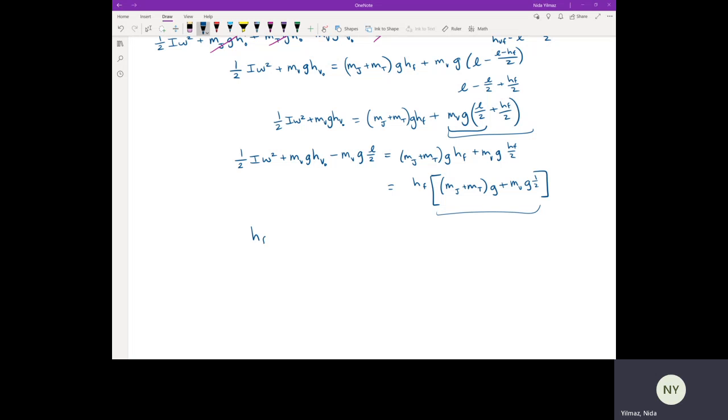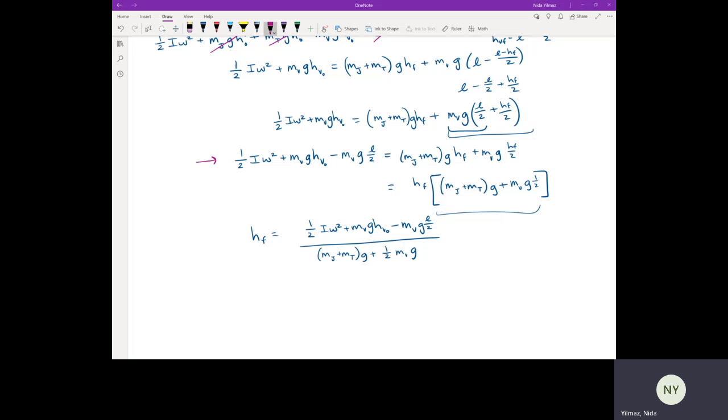So what's going to happen is we're going to get H F is equal to, let's rewrite everything over again, half I W squared plus M V G H V naught minus M V G L over 2 is all over M J plus M T times G plus 1/2 M V G. All right, so now just so let's take a step back really quick, actually.